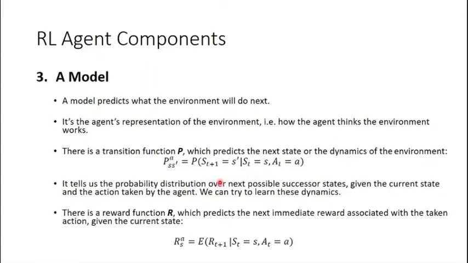So this is again a stochastic or probability distribution based model. And similarly, you have a model which generates the reward function as well, which will estimate what the reward is going to be at the next instant when you are at current state S and you are going to perform an action A. So this helps the agent come up with an understanding of what is the likely payoff if I do a particular action.